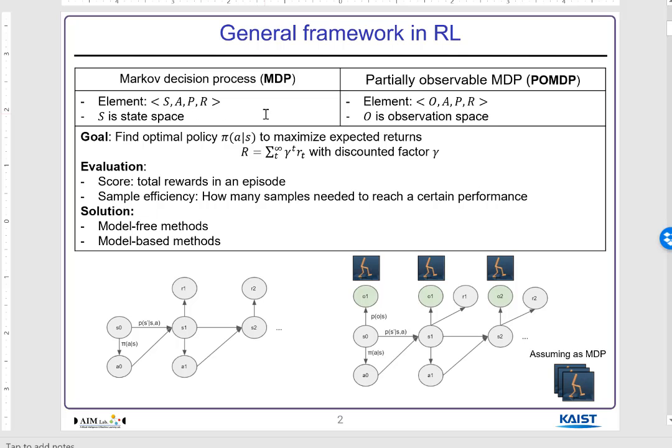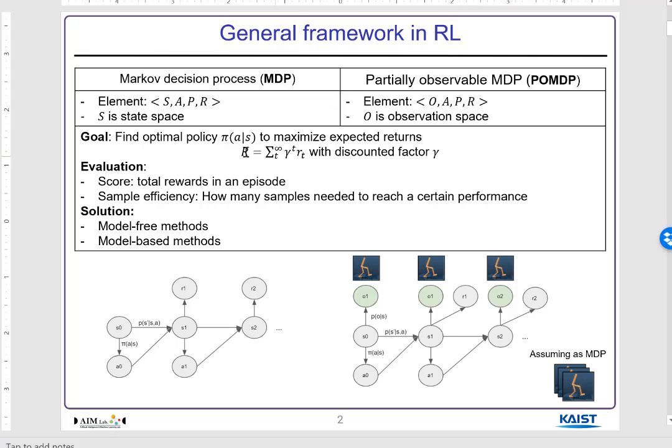of the Markov decision process is the partially observable MDP, or the POMDP. In this process, it also includes four main components. But one difference is we don't know the exact state, and we only observe part of the state, and we call that O, which is the observation space.